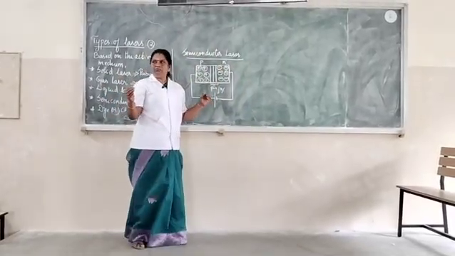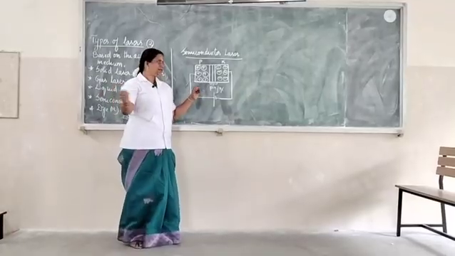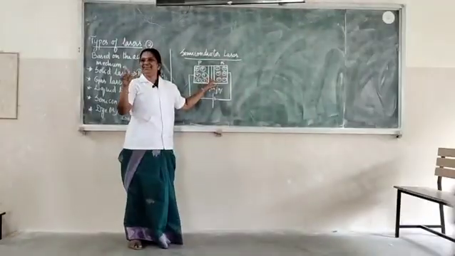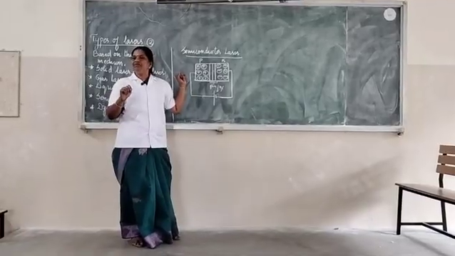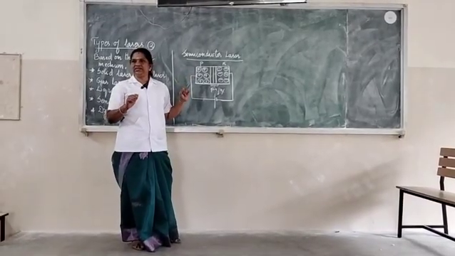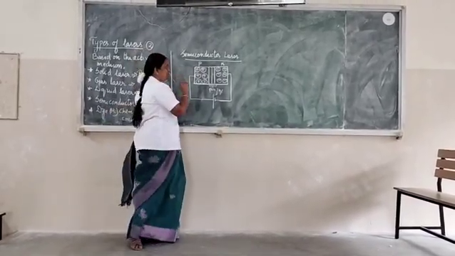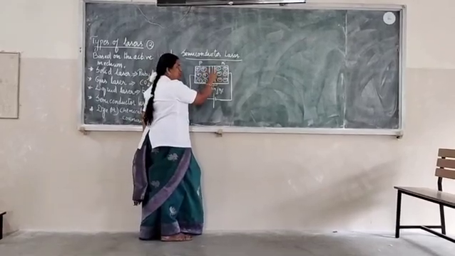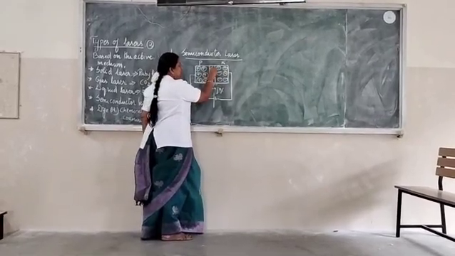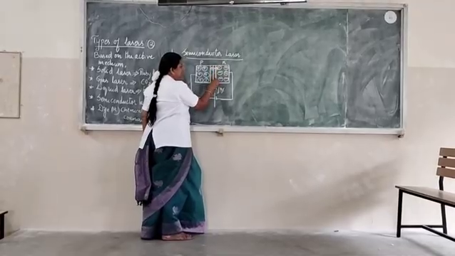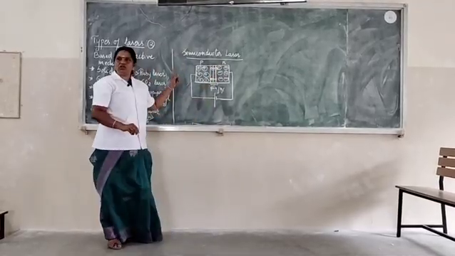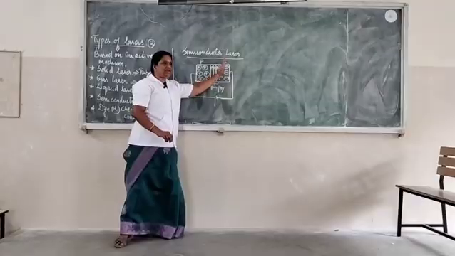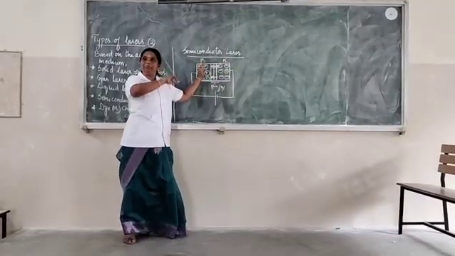So they all come and accumulate near this PN junction. When they accumulate near the PN junction, there is a chance for the electrons and holes to cross over, with electrons moving from the N region to the P region and holes moving from the P region to the N region.